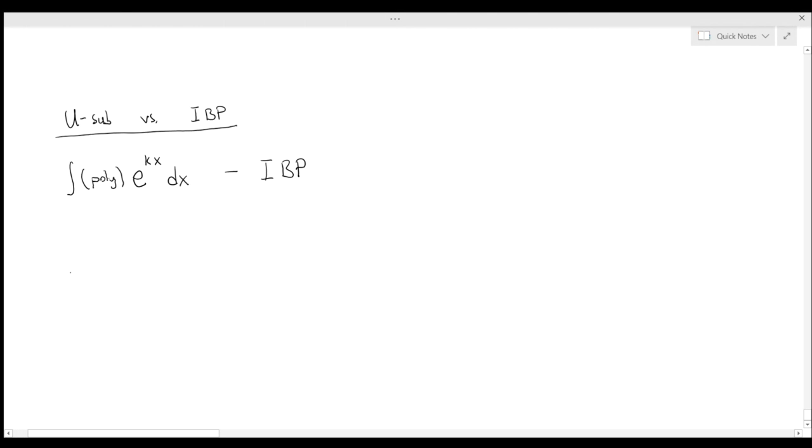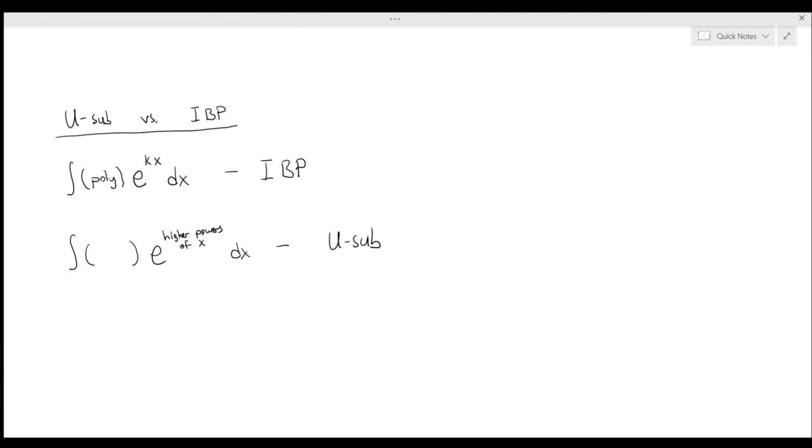Whereas if the integral has an exponential with a higher power of x in the exponent, this type of integral you're going to do u-sub instead.